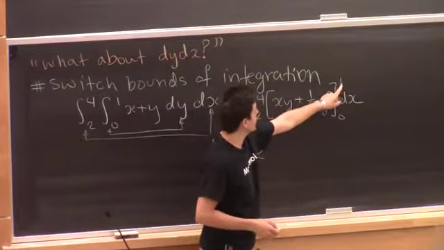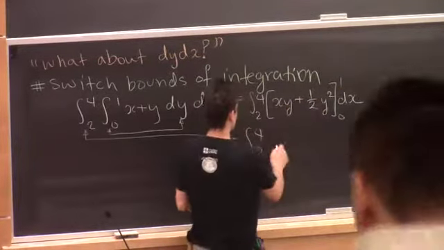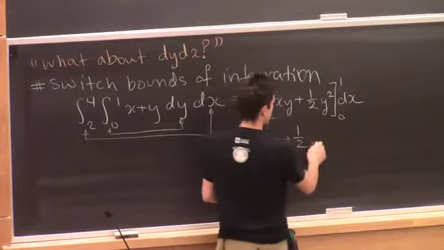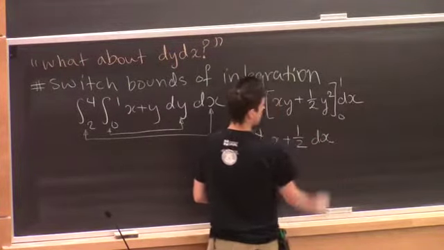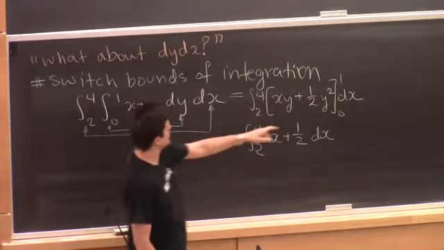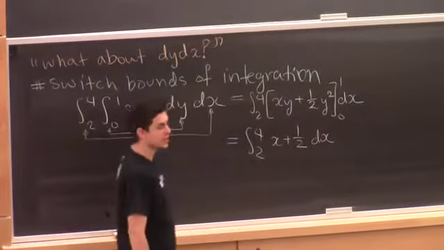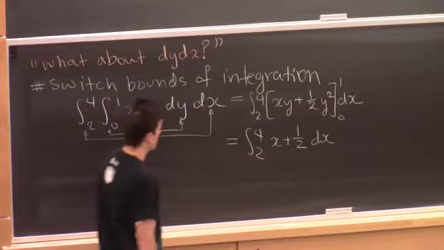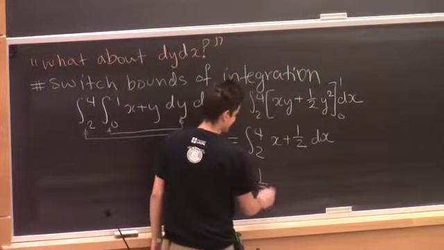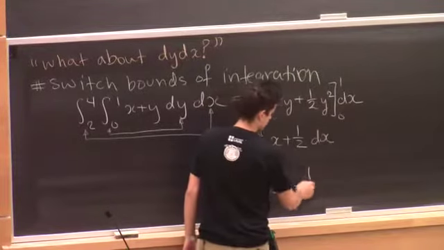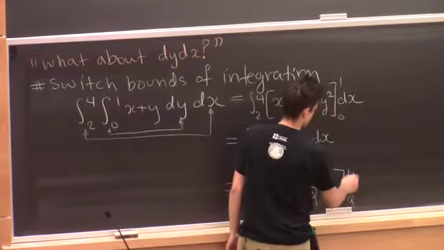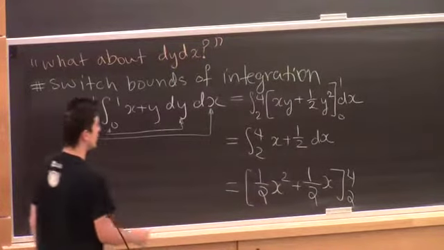Now we plug in our upper bound y equals 1, so we get x plus a half dx. And then the lower bound 0 would give us a 0. Okay, so now we integrate this guy between 2 and 4.